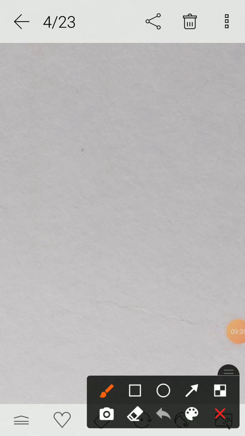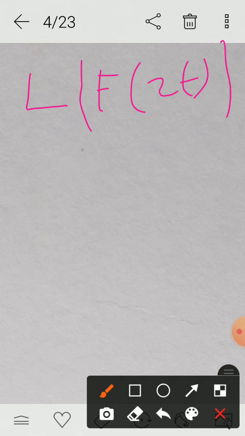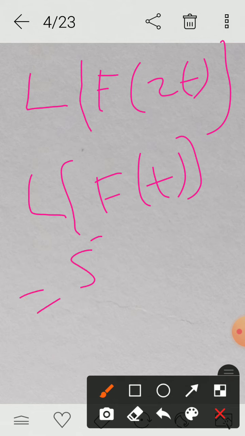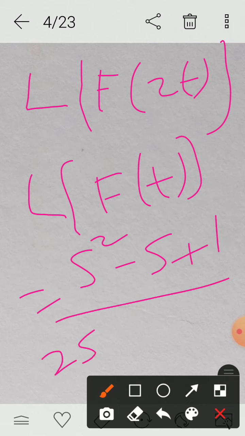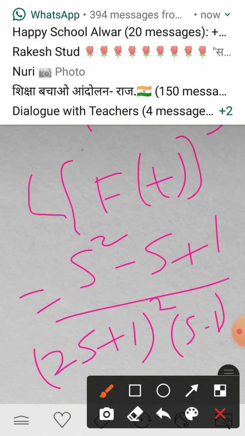For example, calculate the Laplace transform of f(2t) if the Laplace transform of f(t) is equal to (s^2 minus s plus 1) upon (2s plus 1)^2 (s minus 1).